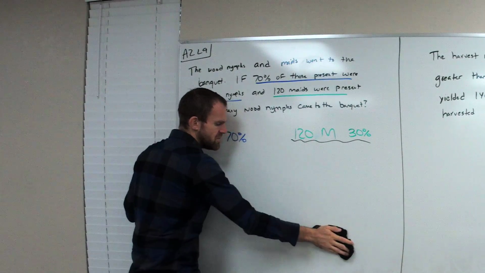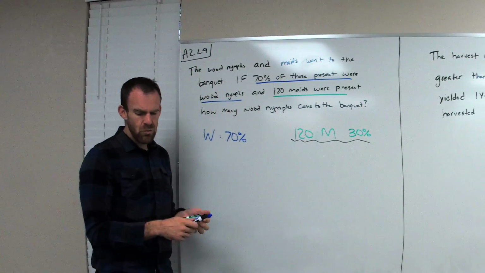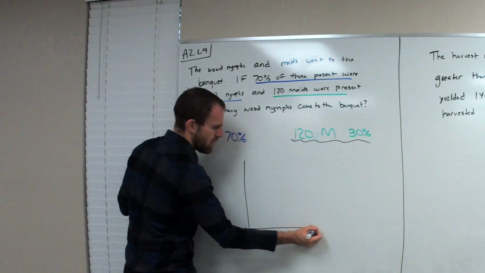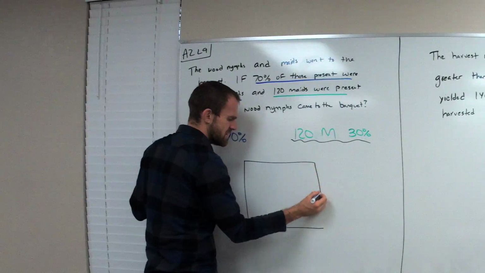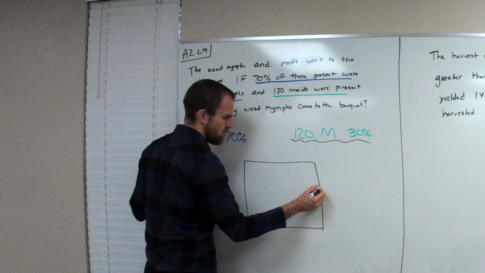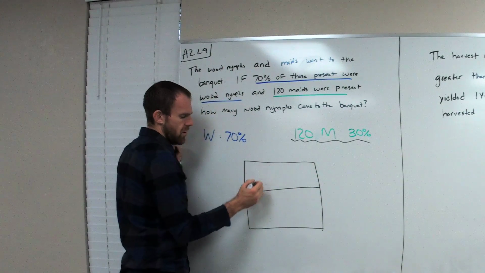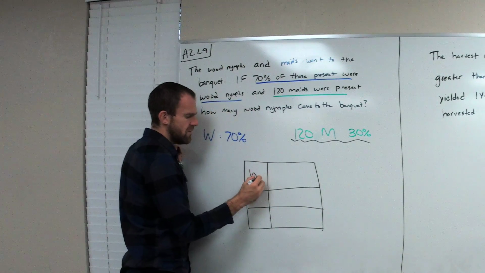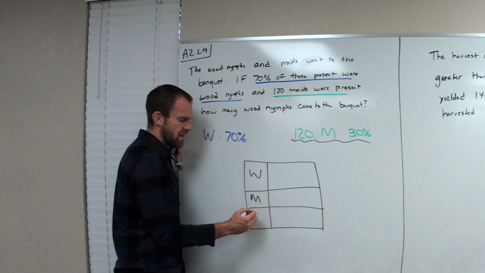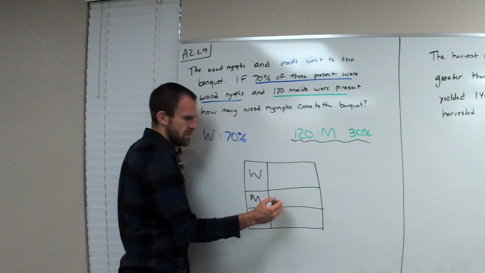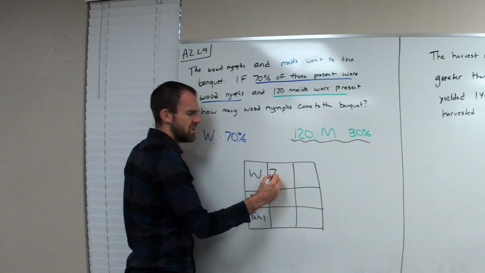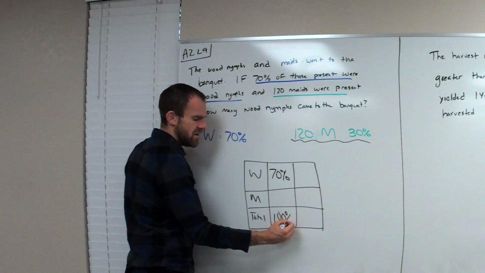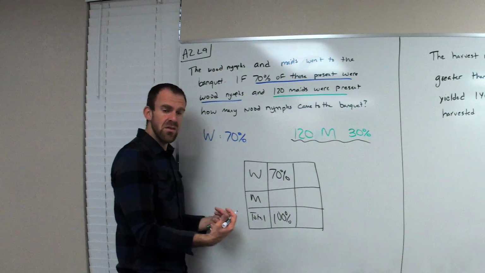And anytime you have different groups of people, or more than one, I would make a table. I like the table because then it just makes it a simple cross-multiplying problem. Let's do this. So we have our wood nymphs, we have our maids, and then we have the total. If wood nymphs is 70% and the total is 100%, then maids must be 30%.